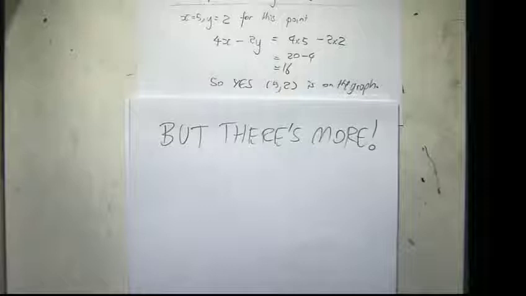Through a long period of history, we have discovered that certain kinds of equations always give certain kinds of graphs. And that information in the algebra of the way the equation is written will tell you information about the shape of the graph. Okay, but there's more.